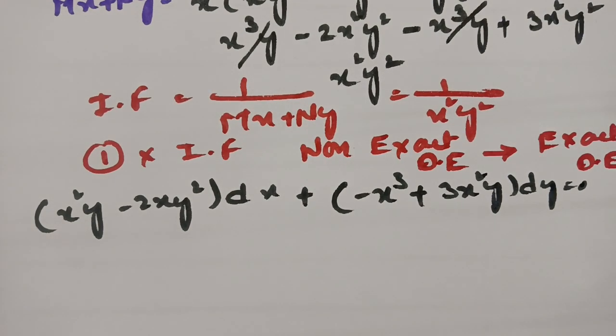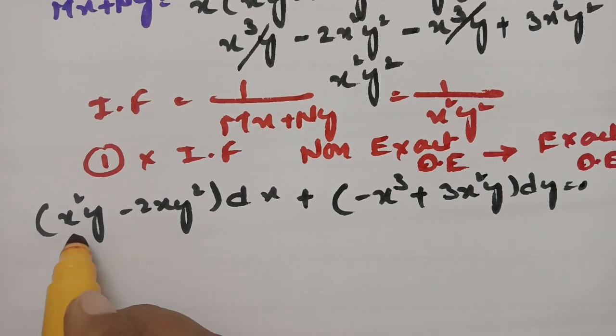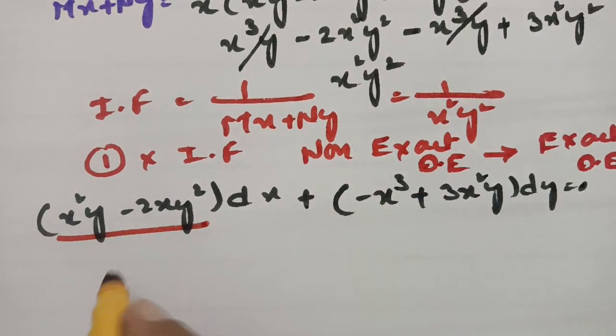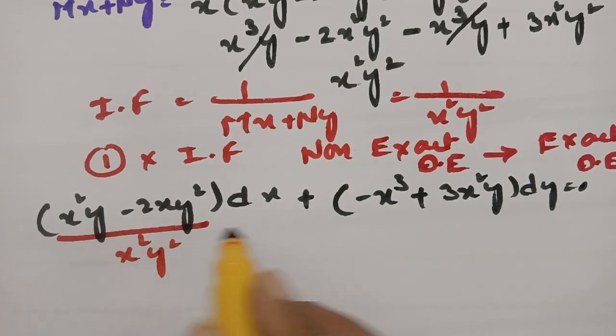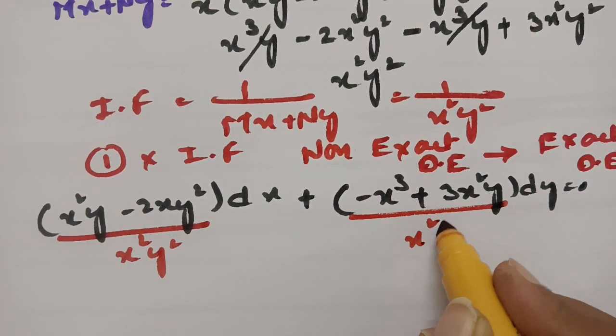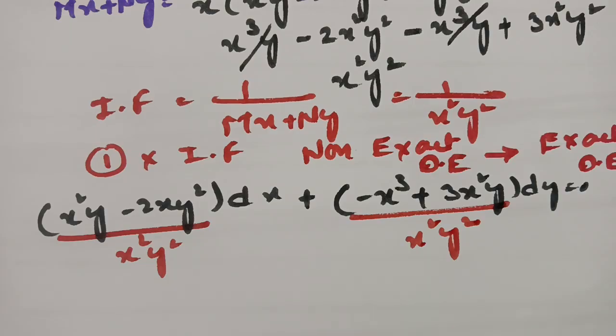So if I multiply equation 1 with the integrating factor, 1 by x square y square, this equation is an exact differential equation after multiplying.